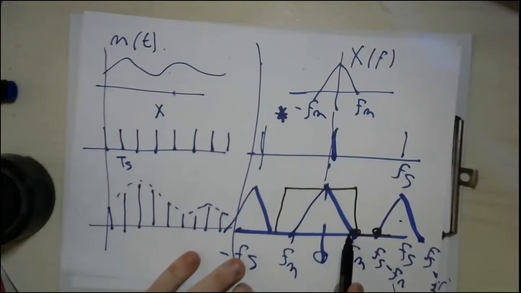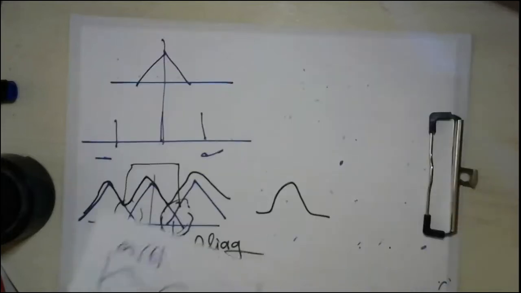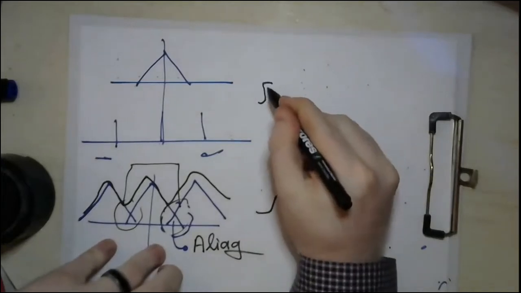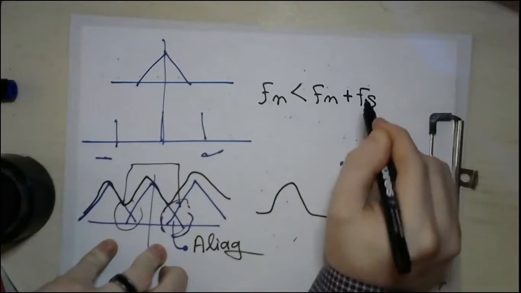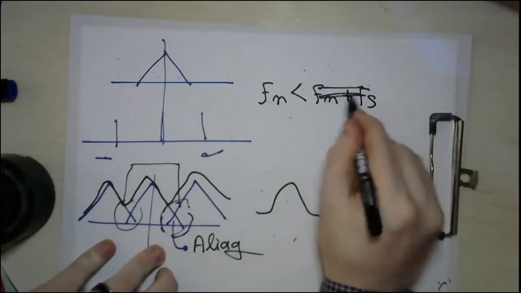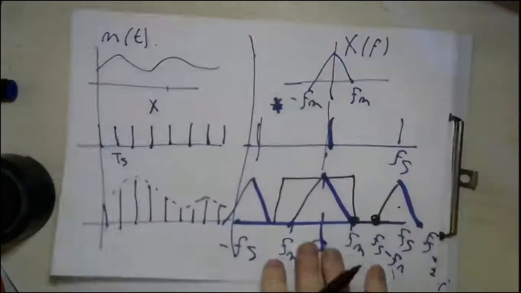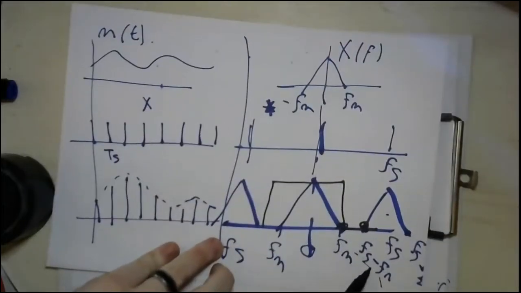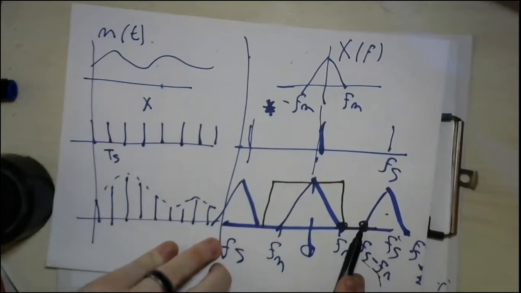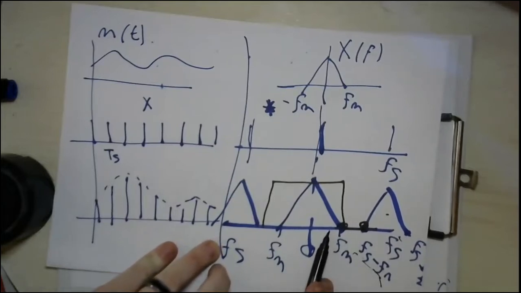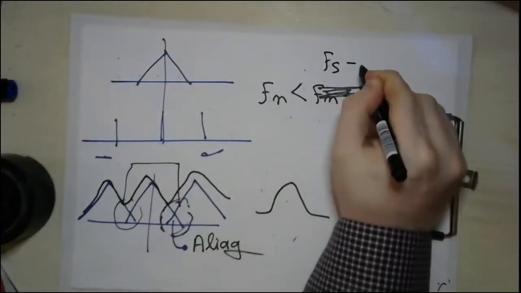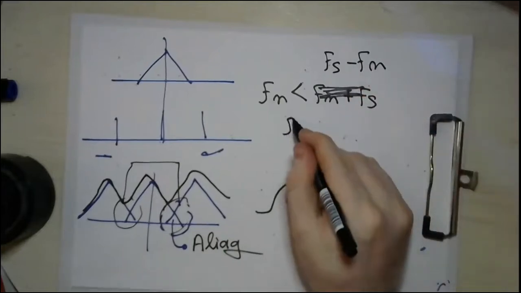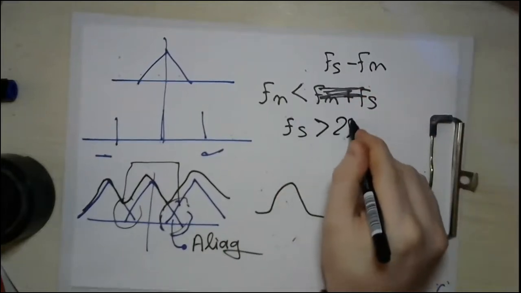So Fm should be all the time smaller than Fs minus Fm. Or basically, Fs should be greater than 2Fm.